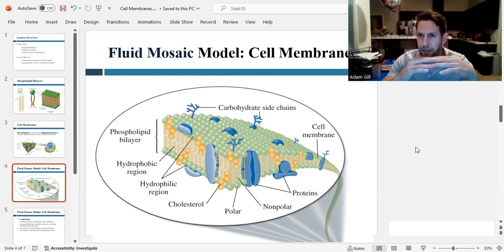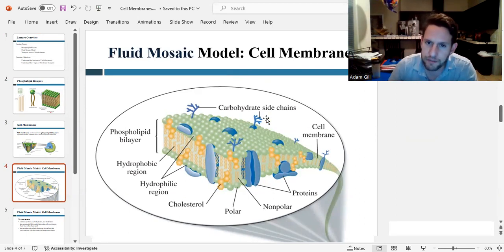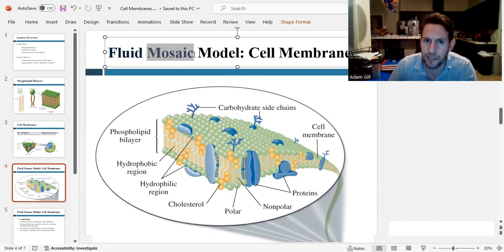It can move. Things can diffuse within the membrane, but it is robust, right? Your cells don't just burst open spontaneously and spill their insides out. It stays together, but it's got some fluidity to it. And there's a lot of different components embedded in here, and that's why we call it a mosaic.